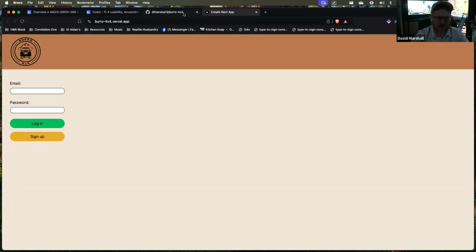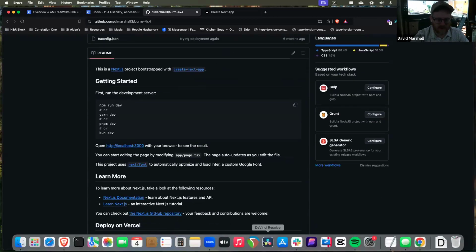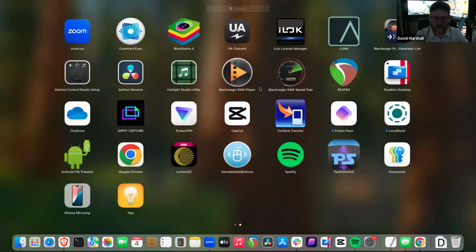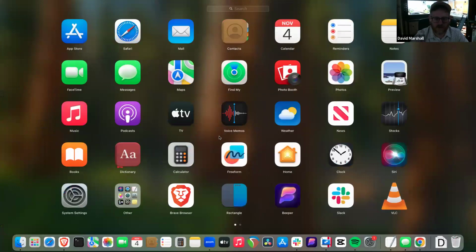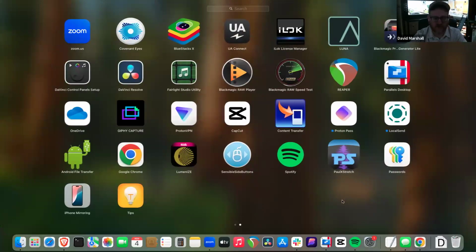But let's see, maybe I can actually, I think I still have it locally. Where's VS Code? Oh, you know what? I never did reinstall VS Code after I stopped using JetBrains. Okay.